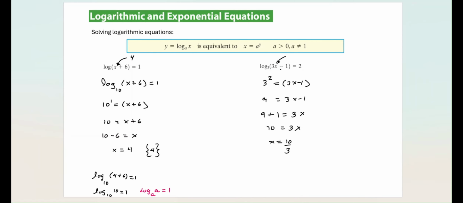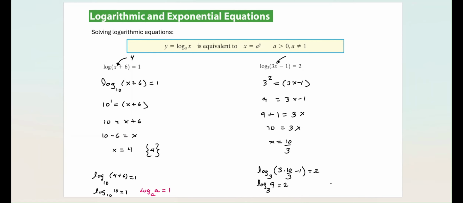Now, we can also double check this to see if the solution is correct. In this case, substituting the x by 10 over 3. So we say log in base 3 of 3 times 10 over 3 minus 1. 3 times 10 is 30 over 3 is 10 minus 1 is 9. So we get the log in base 3 of 9 is equal to 2.